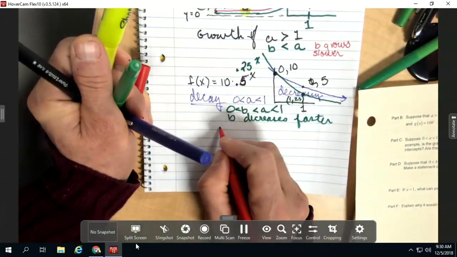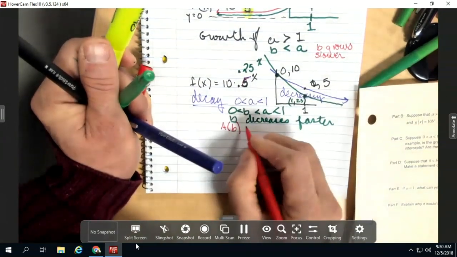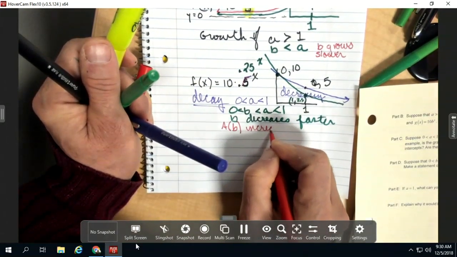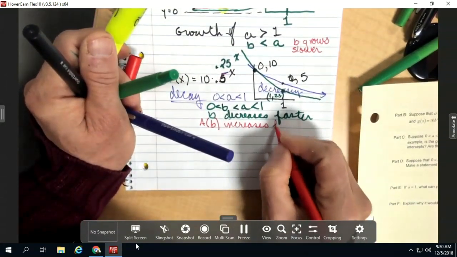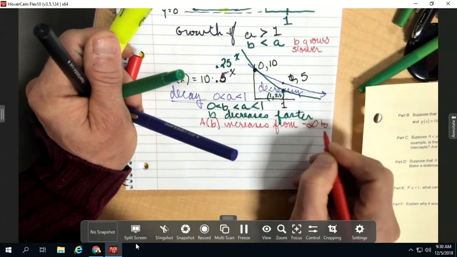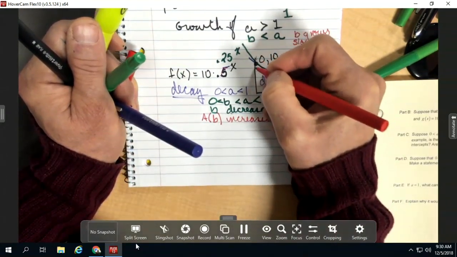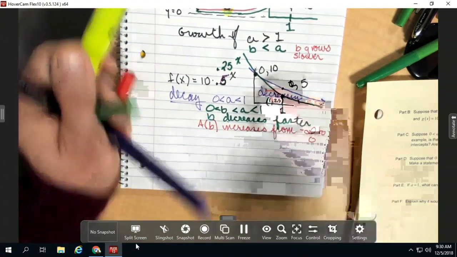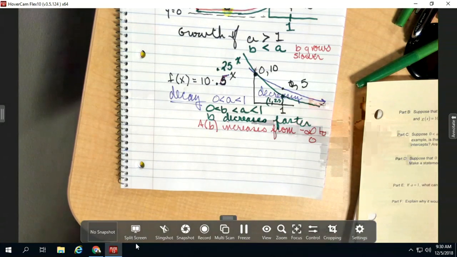The slope of B increases from negative infinity to 0, right? The slope starts out really, really, really steep, and it gradually gets closer and closer to 0.